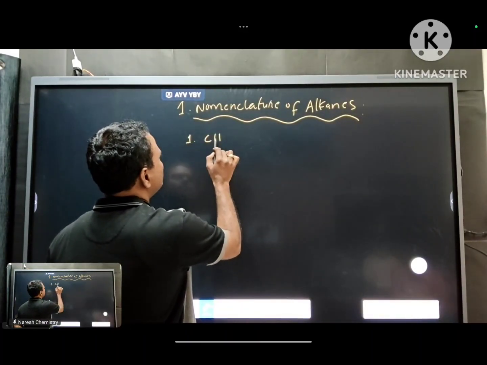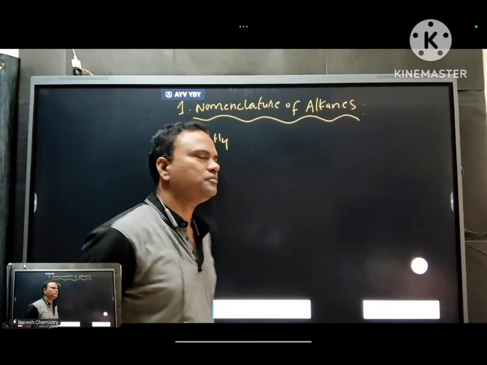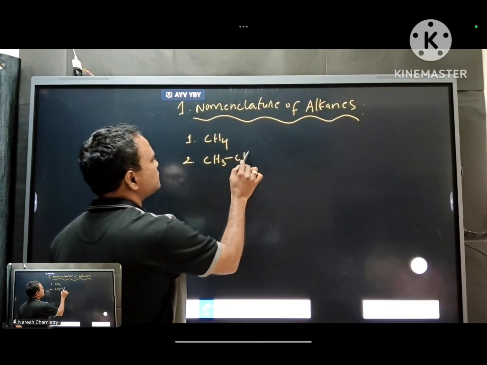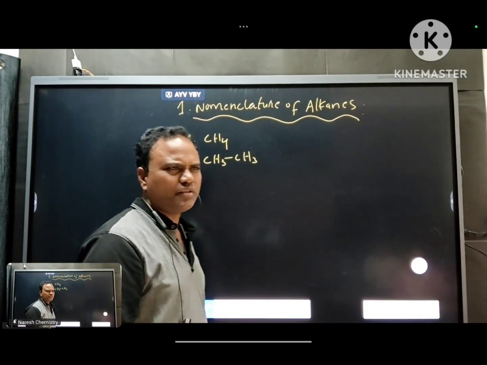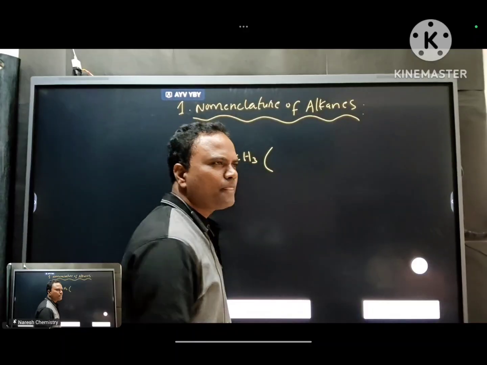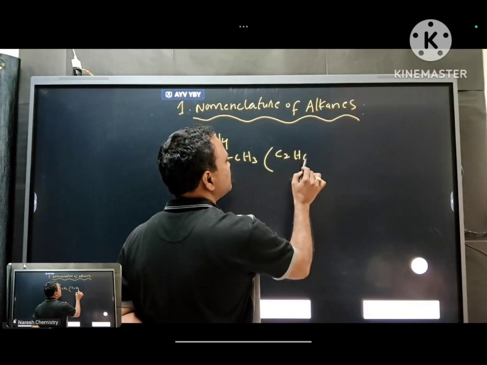First one, simple compound, methane. CH3, CH3, ethane. No need to write, we know already, but formulas are important. What is the formula of ethane? The molecular formula is important.